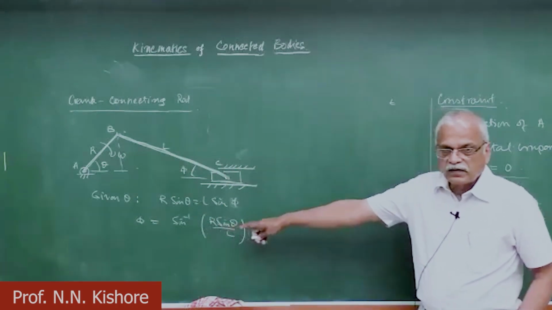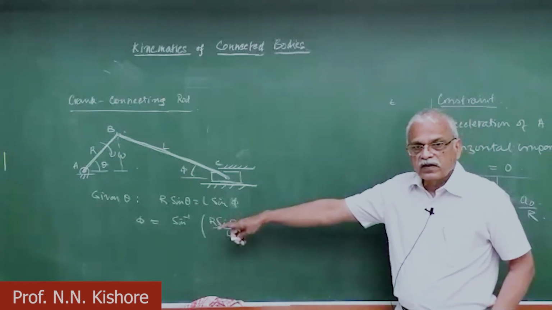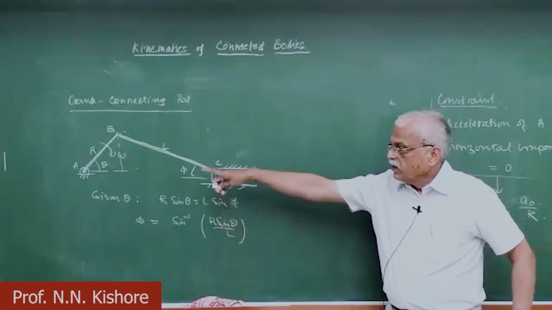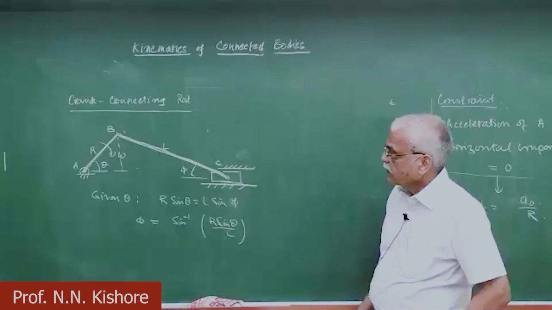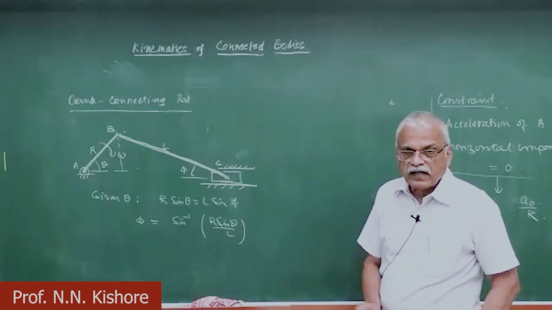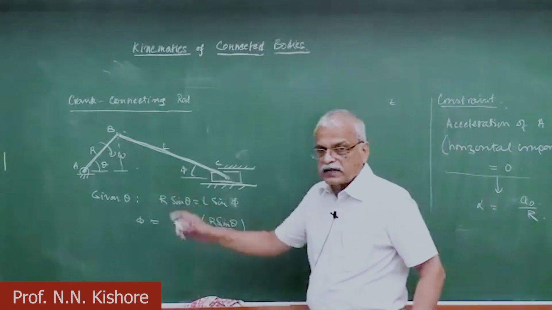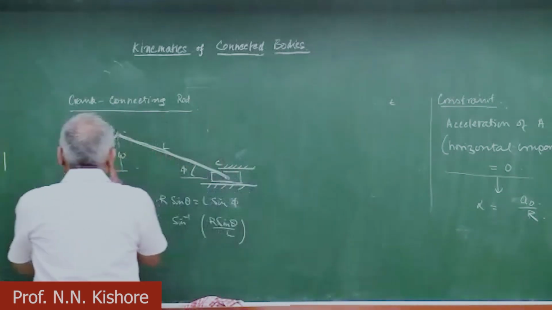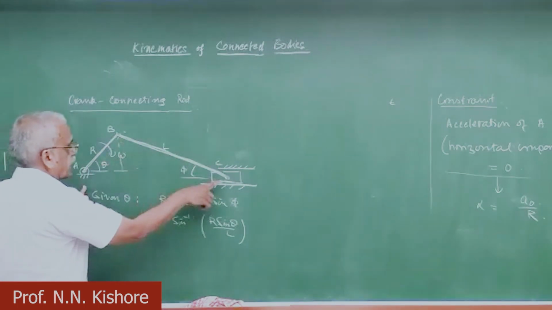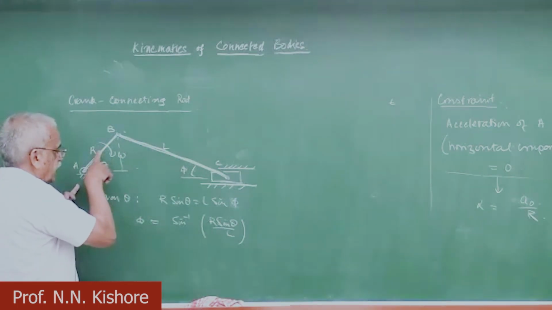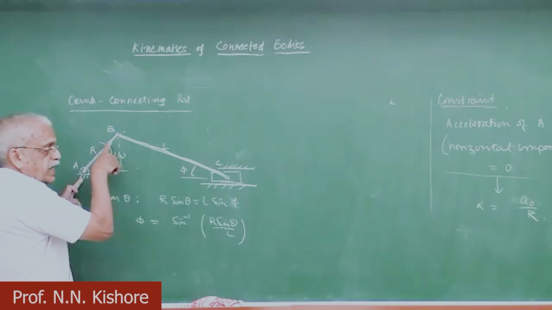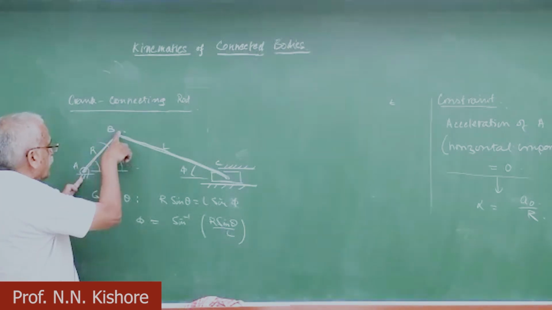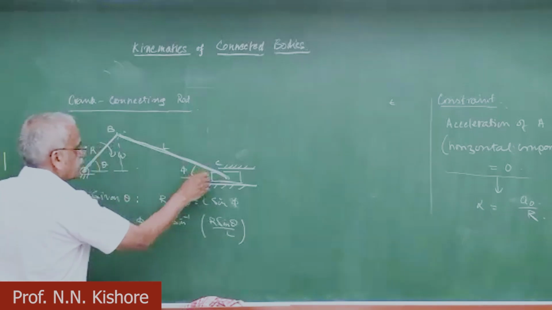So we are just trying to give you a very important example here. This is a crank and connecting rod like this. We have to do the velocity and acceleration analysis. These are connected bodies, a crank and a connecting rod. So we can apply one rigid body equation for AB and another rigid body equation for BC.